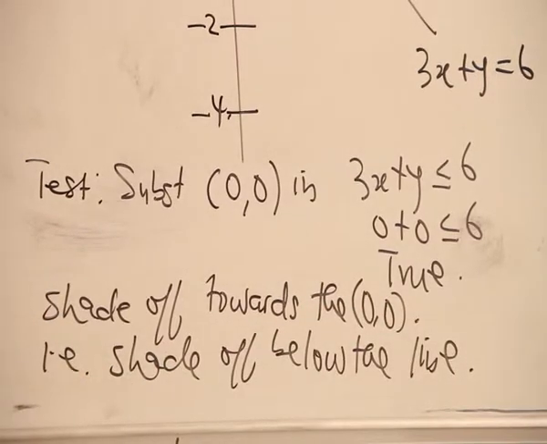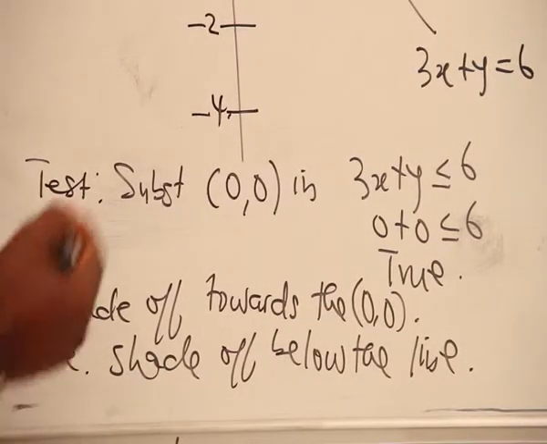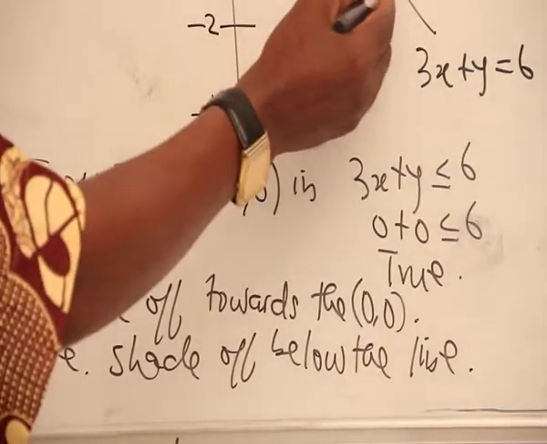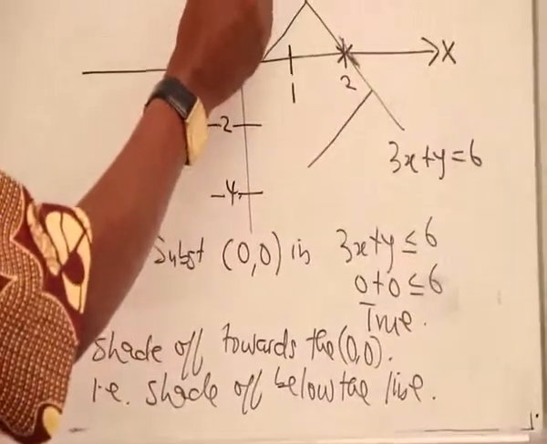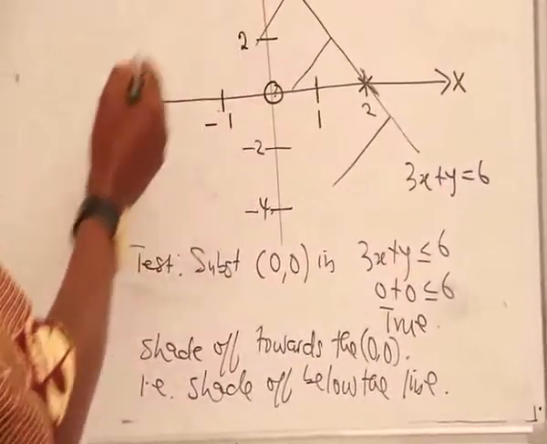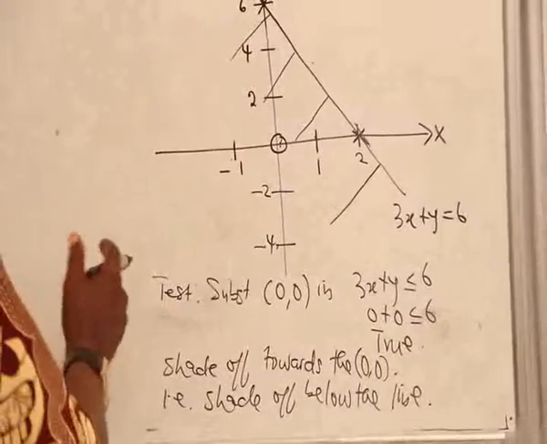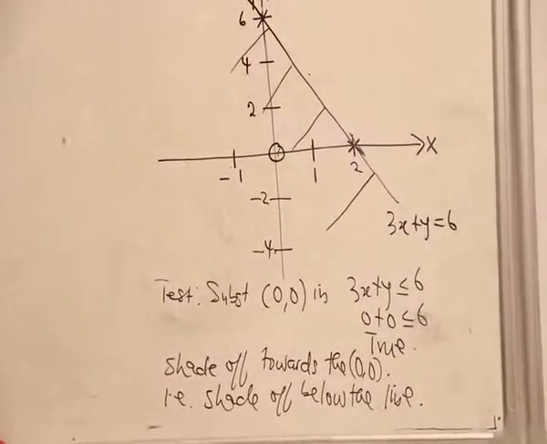So when we want to shade below the line, what we need to do is this. Watch me. Shade this side. Shade this one. Shade this one. Don't use too many lines. It will be well indicated even if you use few lines.